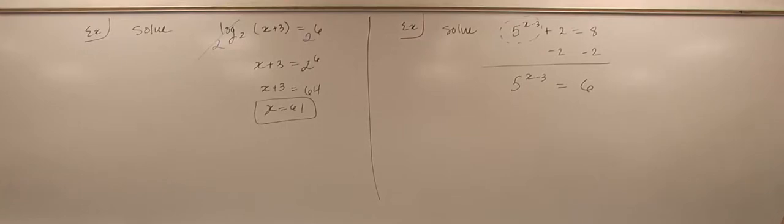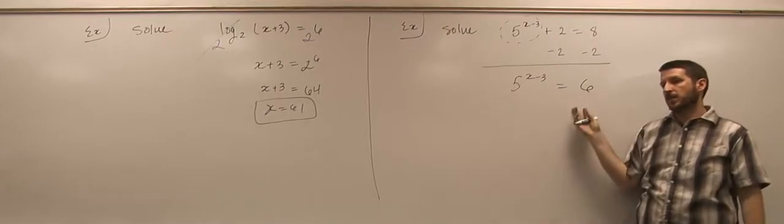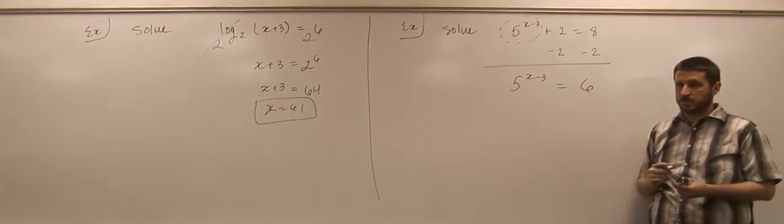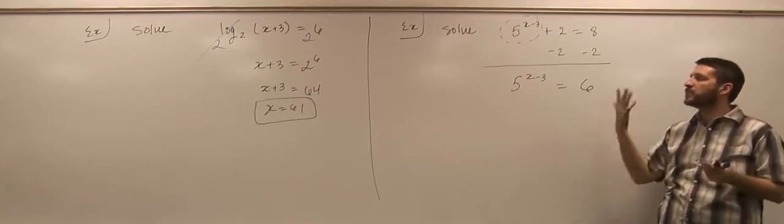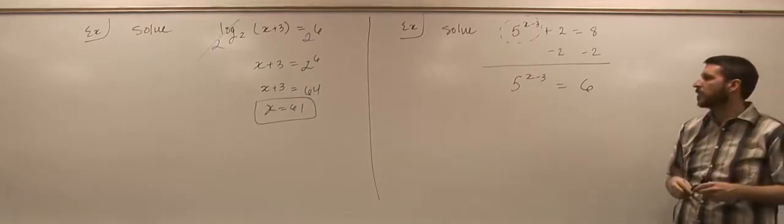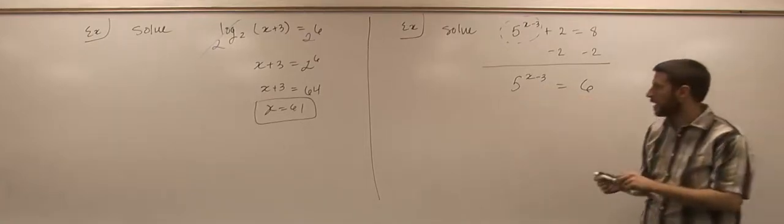Now, you kind of have two routes here. You can either apply log base 5 to both sides, or you can apply natural log to both sides. Because this is base 5, you might be thinking, let's apply log base 5, which is a good idea.